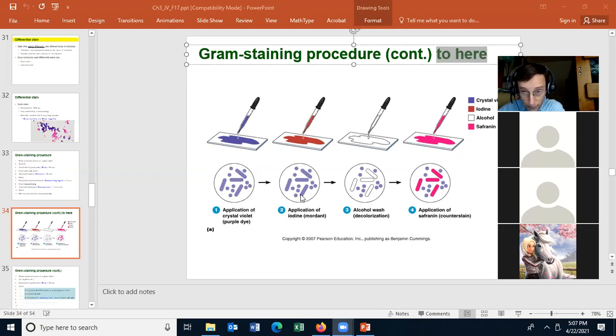There will be lab questions on the gram stain: after the gram iodine step, all the cells, gram negative and gram positive, are purple. After the alcohol wash, the gram positive cells are purple, the gram negative cells are clear. After the safranin step, the gram positive cells are purple and the gram negative cells are pink. Any question about any of that?